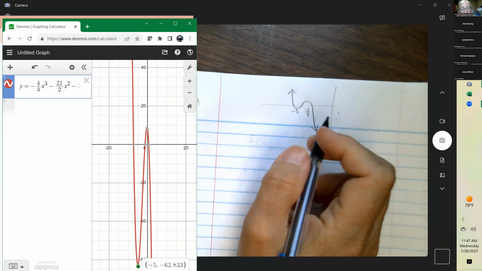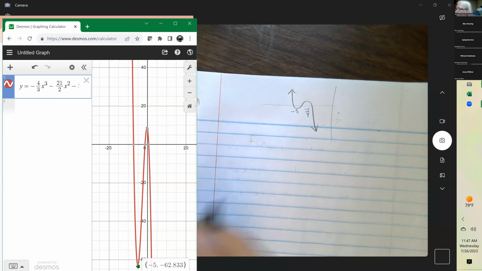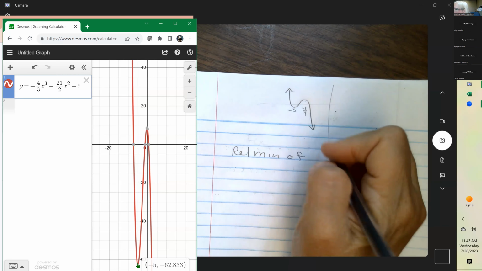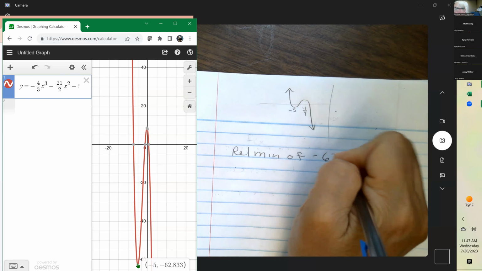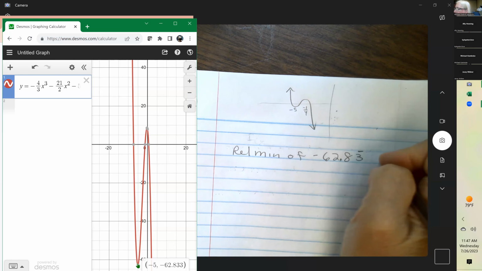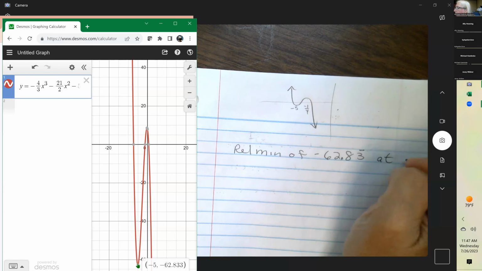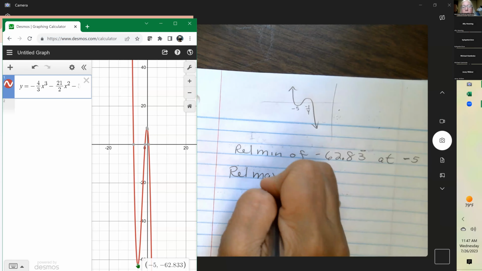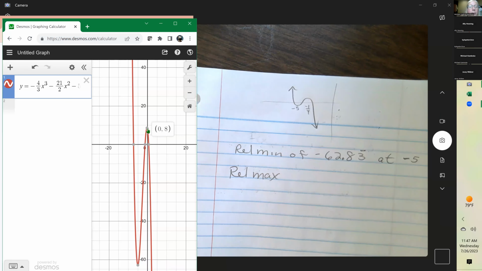So we have a relative min, because at -5, it's a low value, of -62.83 at -5. And we have a relative max up here. That one is not the vertex thing, it's the -1. So you want to be careful. Notice there were 3 things there.